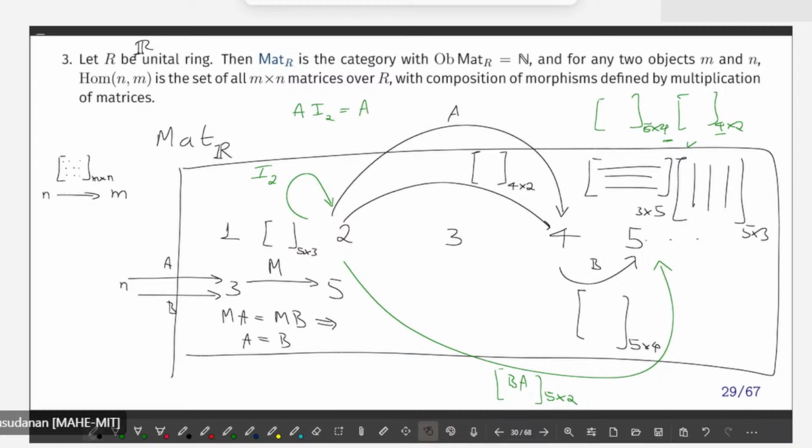This is definitely true for, okay, not for arbitrary R, but at least for real R. Or at least over a field, whatever field you take, it works. If you take any field, not an arbitrary unital ring, any field, this is definitely true. Such a matrix, if it happens to have full column rank, meaning rank 3, then it has a left inverse, and then it will be left cancelable, and it's also if and only if.